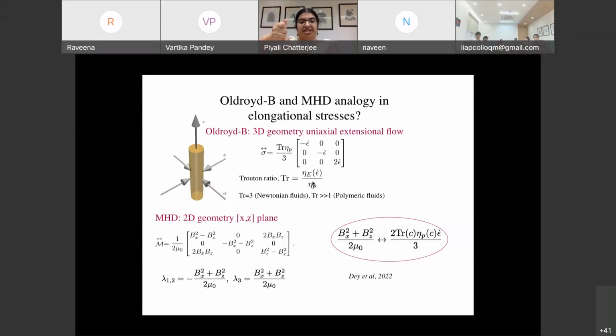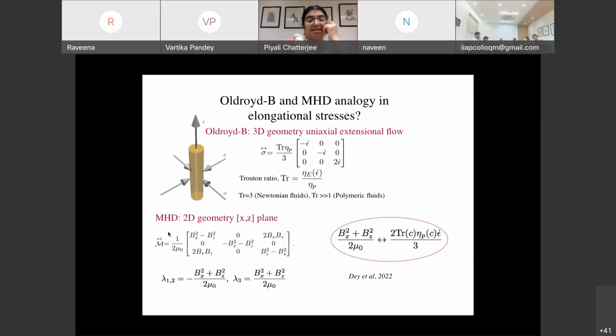They're trying to pull the jet down, so it becomes difficult to move or stretch the jet. That is the idea of the Trouton ratio. For Newtonian fluids like water, the Trouton ratio will just be 3, whereas for polymeric jets, it can be as high as 10 to the power 4.